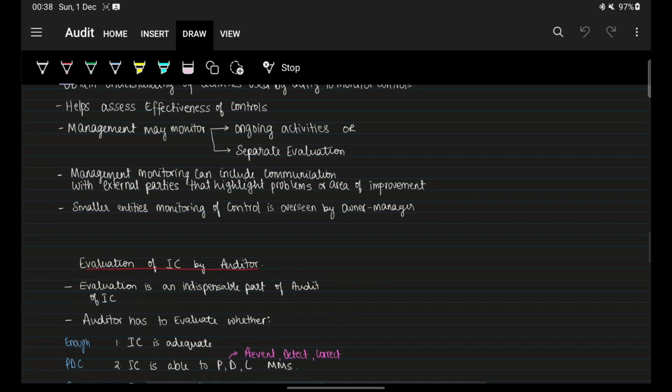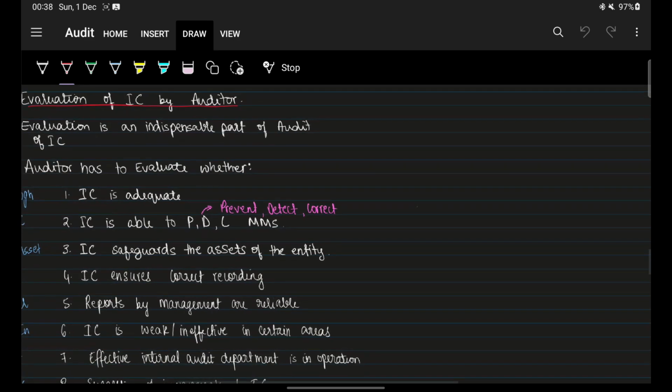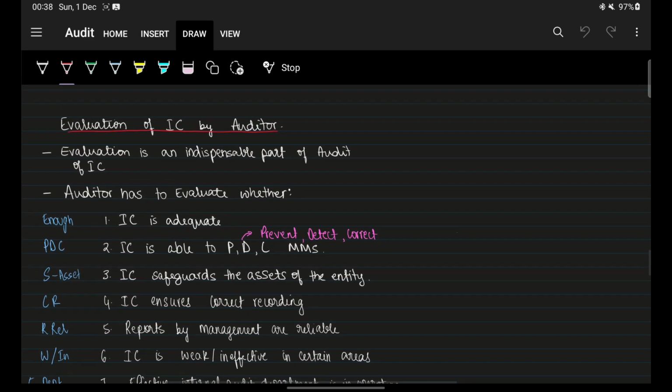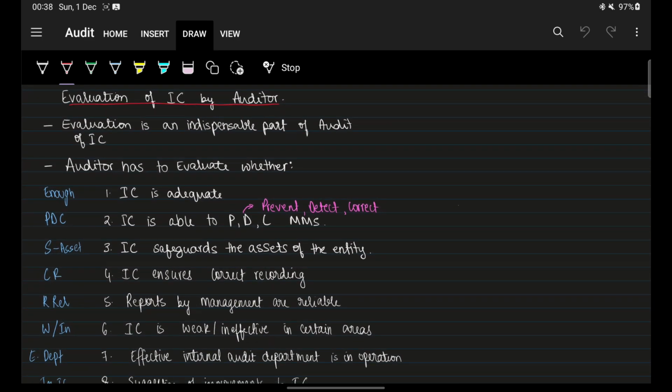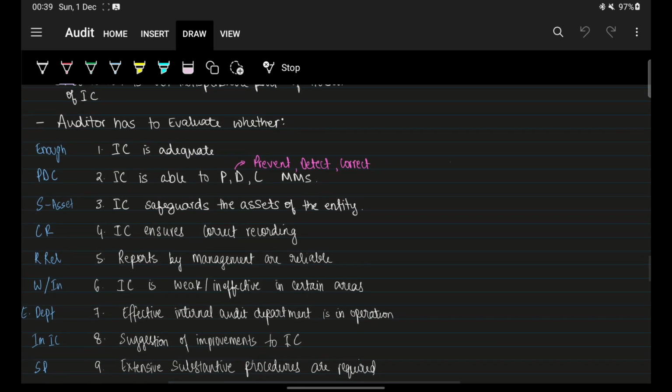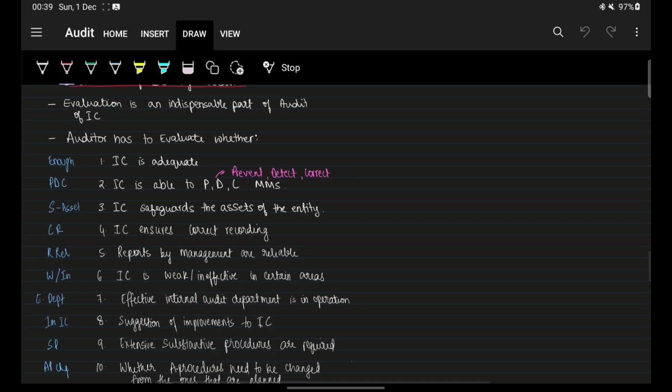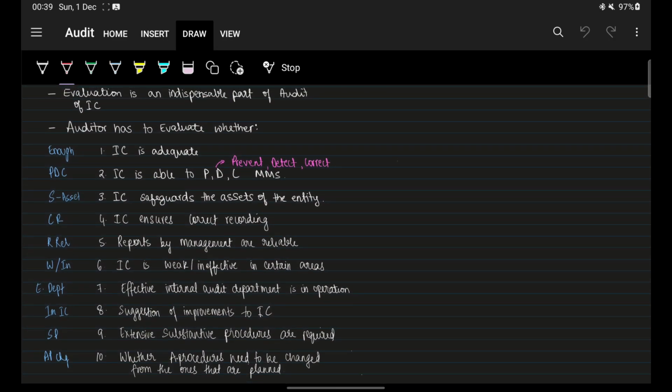Okay, let's just start these also. How to perform evaluation, how to evaluate whether the internal control is good or not. Let's just start. There are only 10 points.